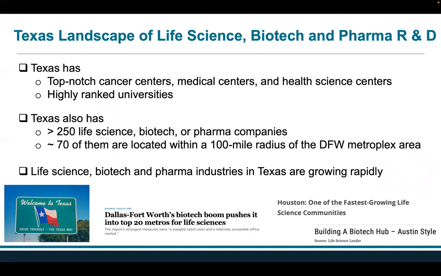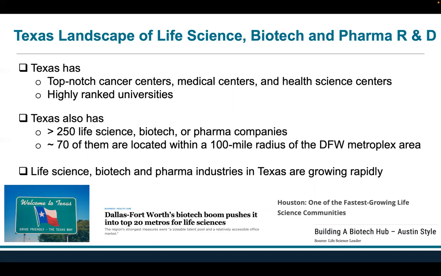I want to show you the Texas landscape of life science, biotech, and the pharma industry. It is well known that Texas has top-notch cancer centers, medical centers, and health centers, and highly ranked universities. Texas also has more than 250 life science, biotech, and pharma companies.